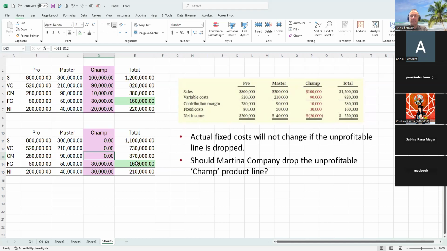Correct? Yes, sir. And we're not eliminating those ones. So basically, this is going to be 160,000. Make sense? So where's my income in this case? 370 minus 160.